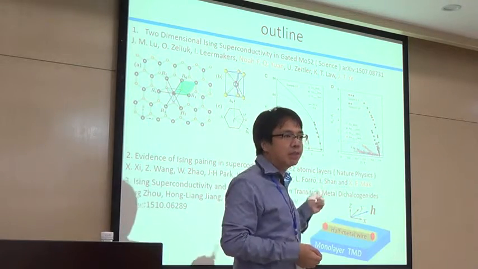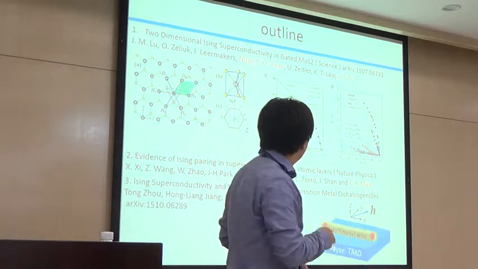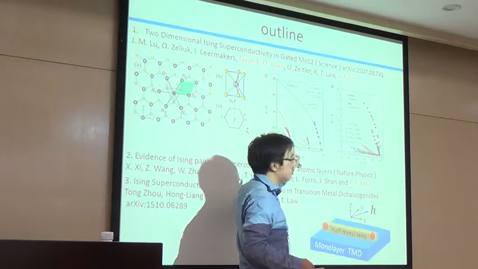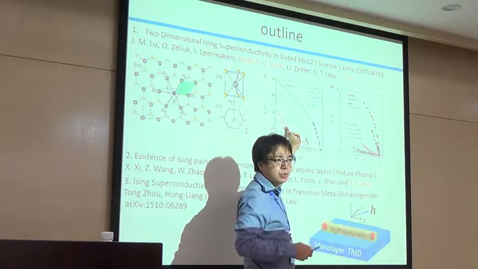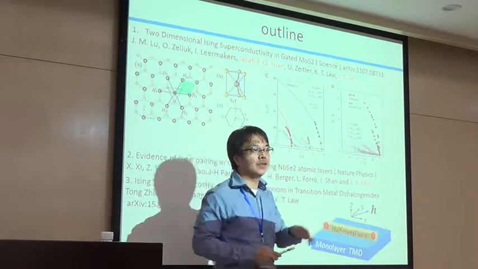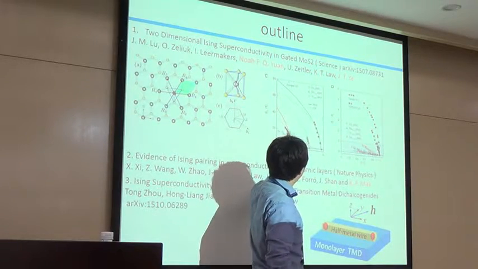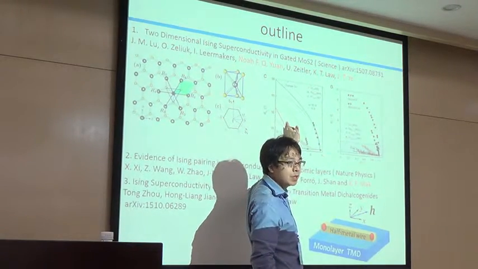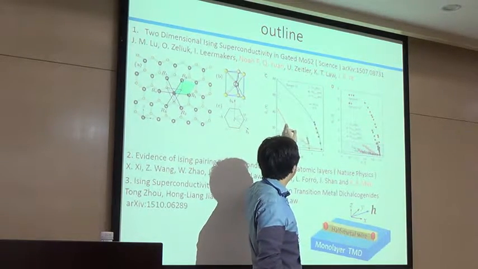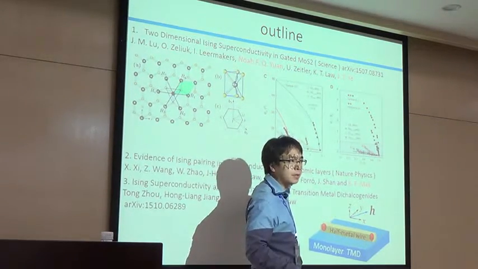But if you apply an in-plane magnetic field, the y-axis here is the magnetic field you need to kill the superconductivity. This is Hc2, the upper critical field. If you apply a magnetic field higher than that, your superconductivity is gone. But if your magnetic field at a certain temperature is lower than this critical value, you still have superconductivity.